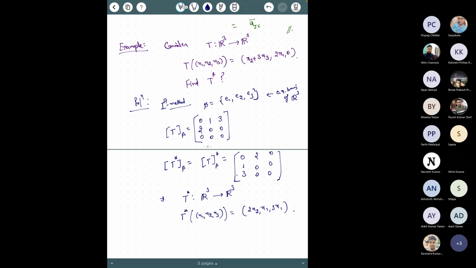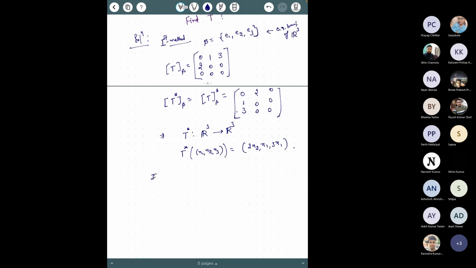The second method is that there is another way to find this. In some cases, this is also useful. The second method is just to use the definition. What we want is T star, a linear operator, that means the adjoint of T, that satisfies a certain expression.